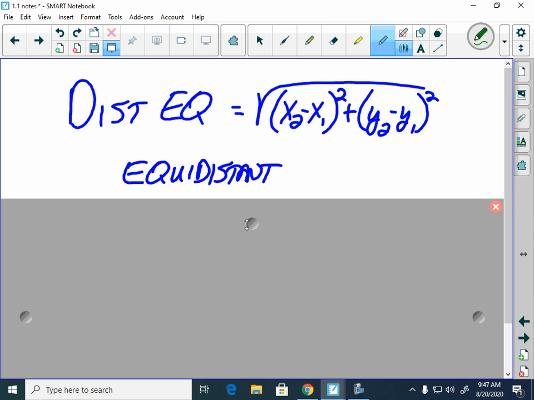Equidistant. New word? New word. Equidistant means same distance. Shocker. If we have time, I will do an equidistant problem, which could get really messy because I haven't prepared it yet.